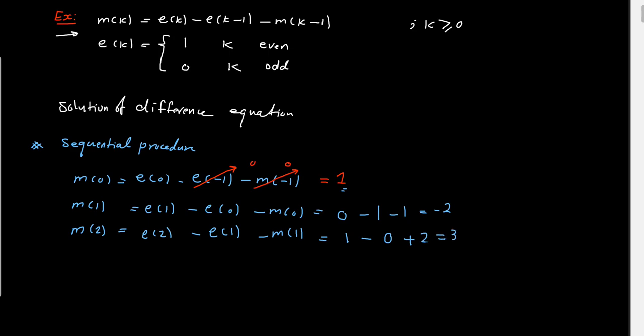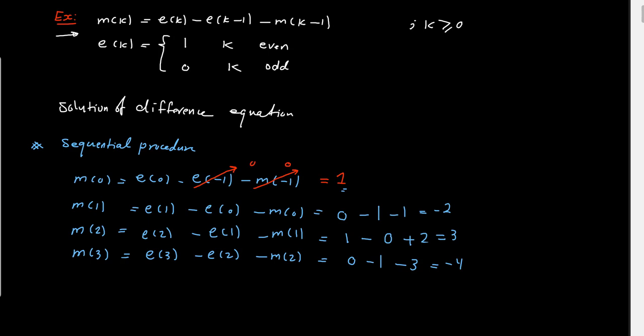We can also proceed by calculating m3, and that's why we call it the sequential procedure. So m of 3 will equal what? It will equal e of 3 minus e of 2 minus m of 2, which will equal 0 minus 1 minus 3, which will equal minus 4.